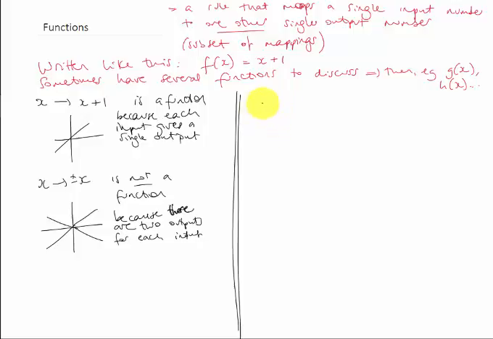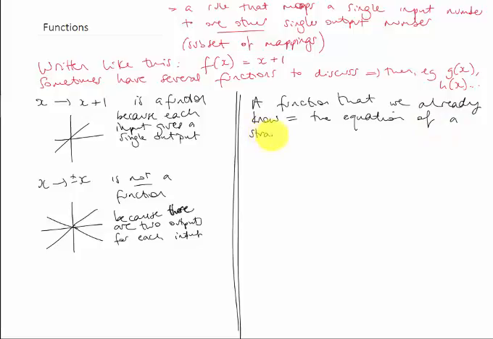And now let's talk about a function that we already know, and that we've discussed at some length, and that is the equation of a straight line. So we could think of that as a function, couldn't we? So that is y equals mx plus c.